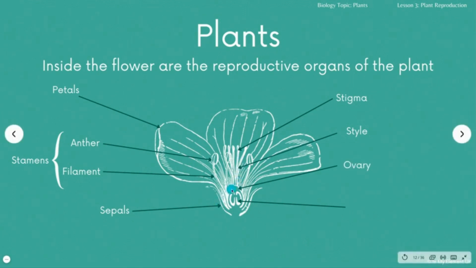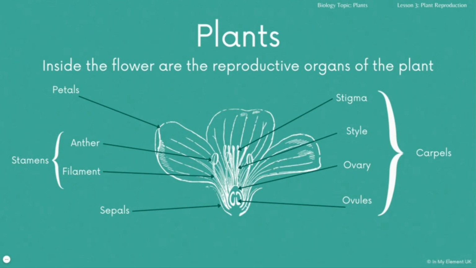Then down at the bottom here, we're looking at the ovary. Inside the ovary, you can find the ovules. All of this makes up the carpels, and this is the female part of the plant's reproductive system, and it contains the female sex cells.